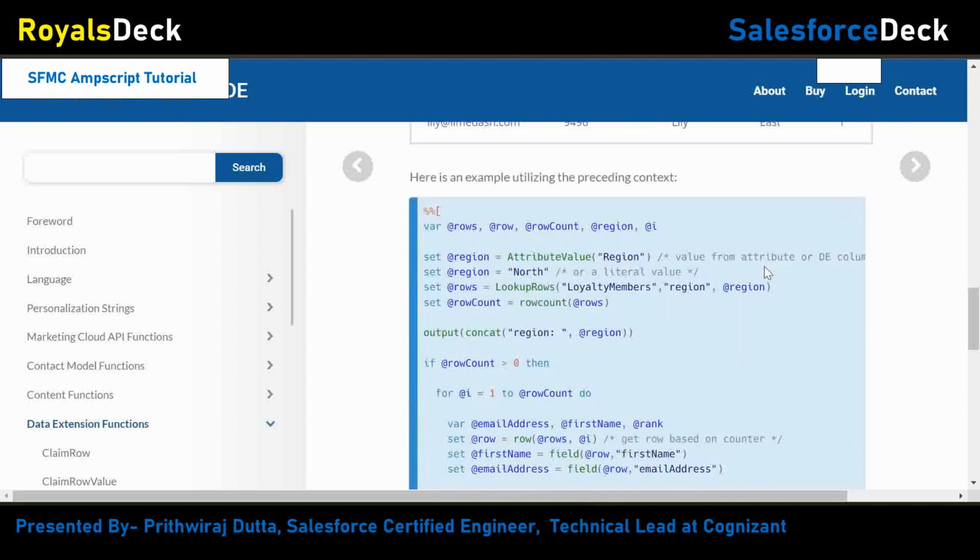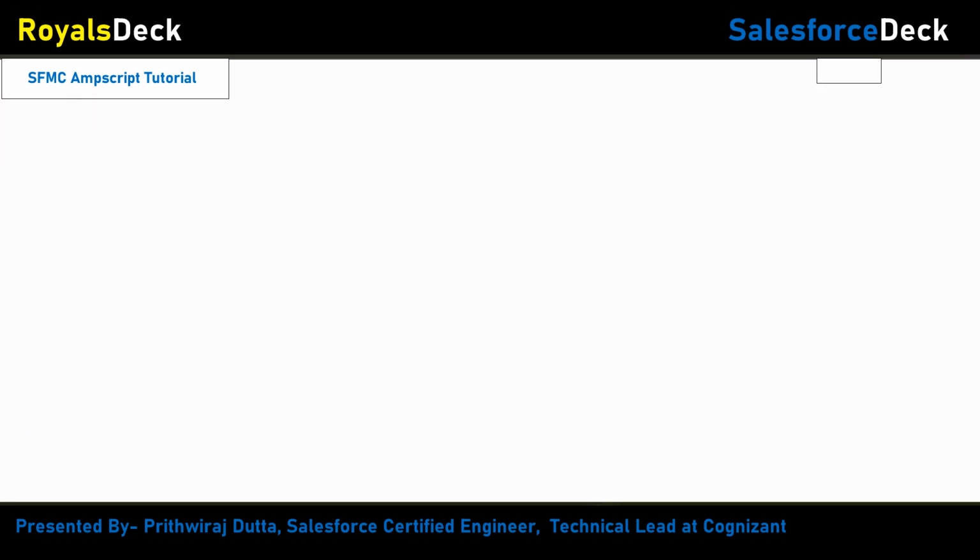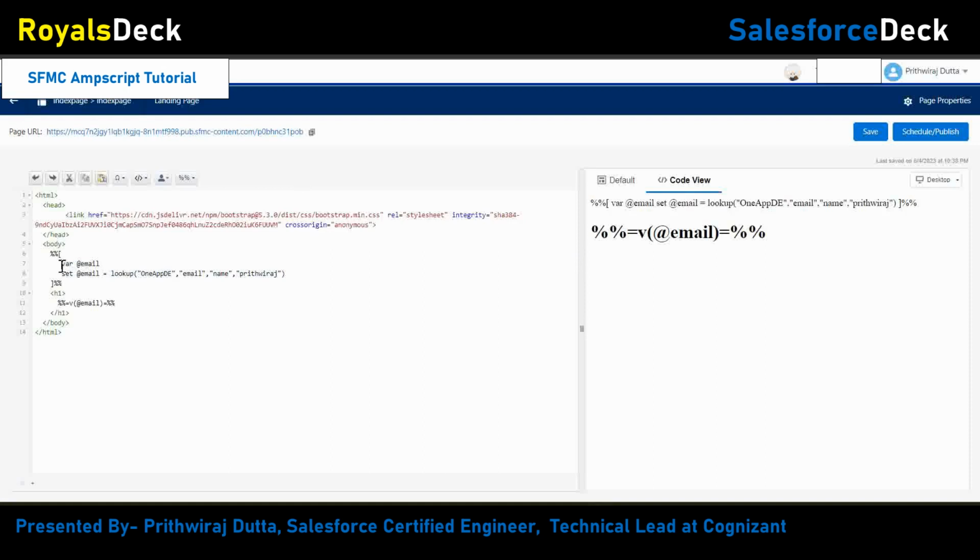So first thing is we will be looking up. So here I will put this as row, okay. So I have row and I will put LookupRows, and I will put the data extension name, same, but here I won't give any particular column because I will be fetching from all the records, right, where the flag is true. So where the flag is true from this data extension, give all these records, right?